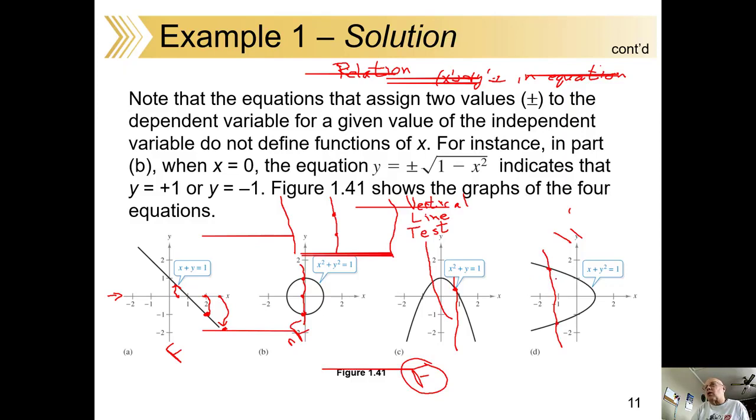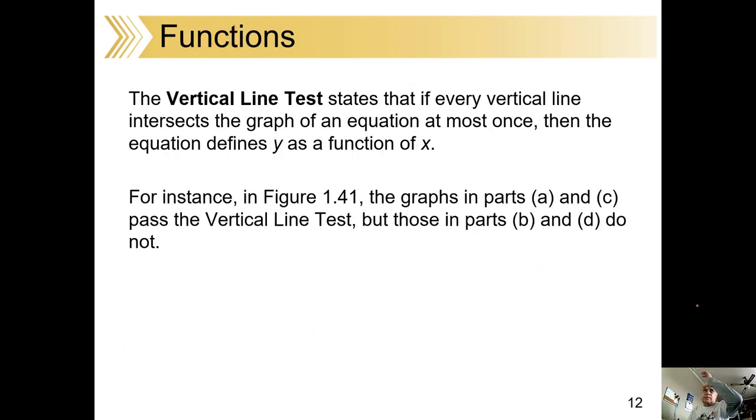Disqualified right there. All you have to do is be able to cross a vertical line twice or more, and it's not a function. Function here, not a function there, function, not a function. Moving along.